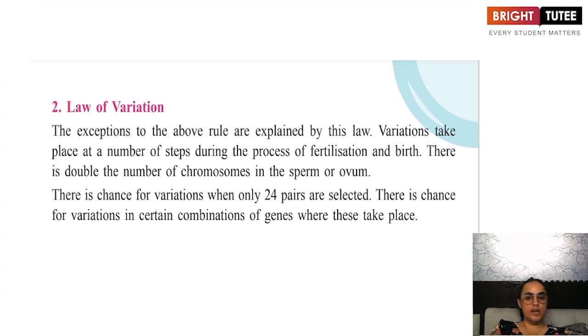Now, there is a chance for variation when only 24 pairs out of the total pairs of chromosomes are selected. There is a chance for variation in certain combinations.